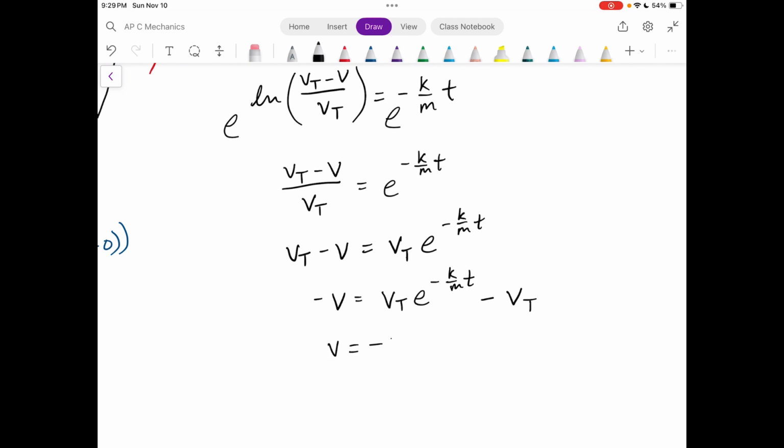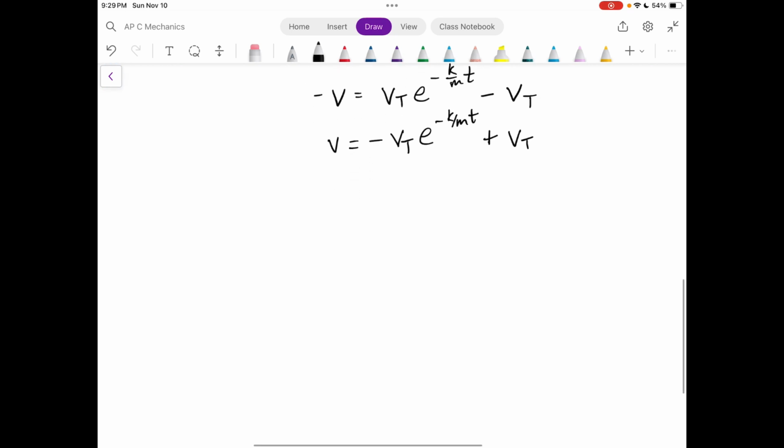So that'll become a negative vt e to the negative k over m t plus vt. And I'm going to go ahead and factor out a vt from there and just make it prettier by putting the positive in the front. So I'm going to have vt times 1 minus e to the negative k over m t. And that is velocity as a function of time.